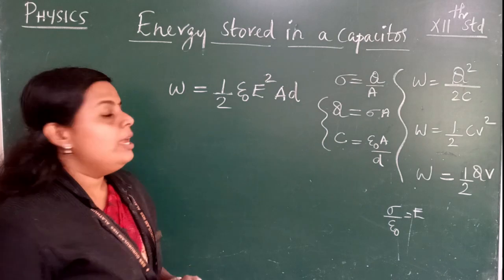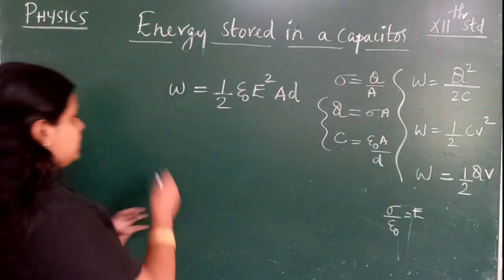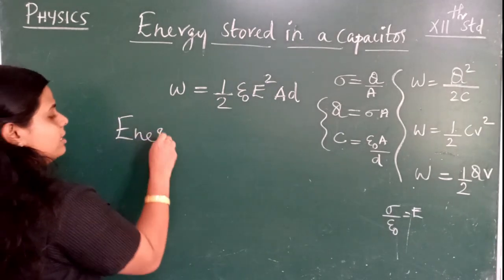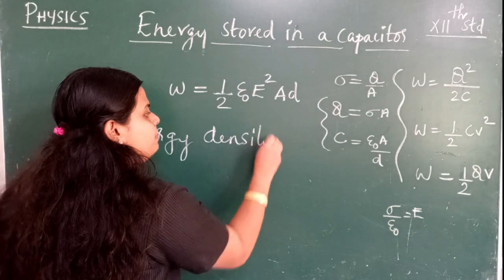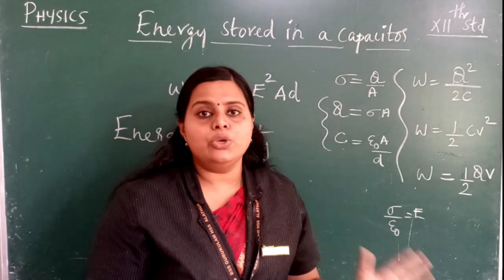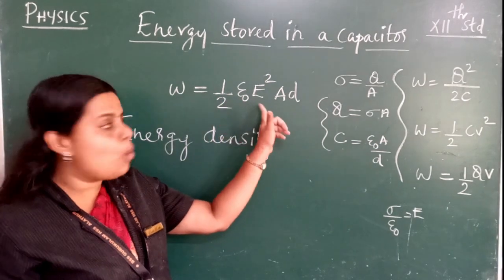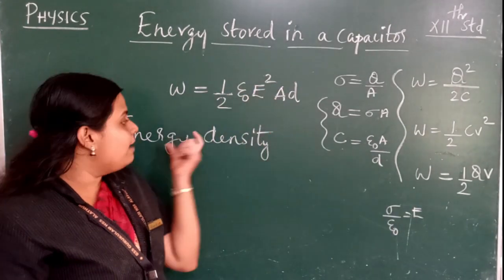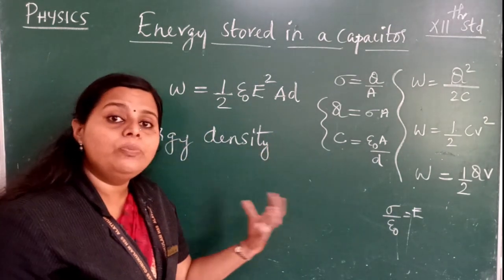Okay, now here we are going to define the energy density. So actually what is energy density? It is simply the energy stored per unit volume. So here we have the expression for the energy stored in a capacitor. And what about energy density? Yes, it is the energy stored per unit volume.